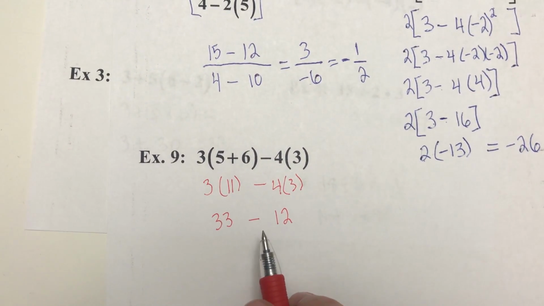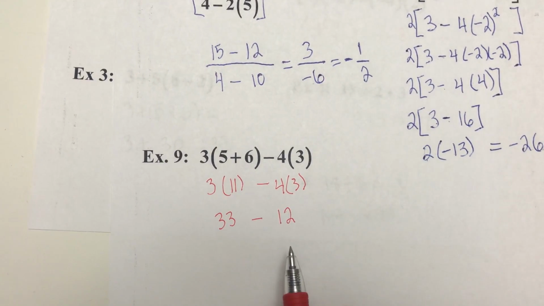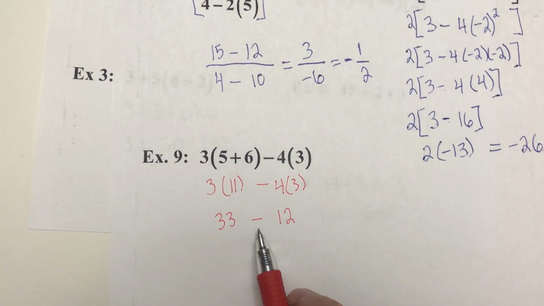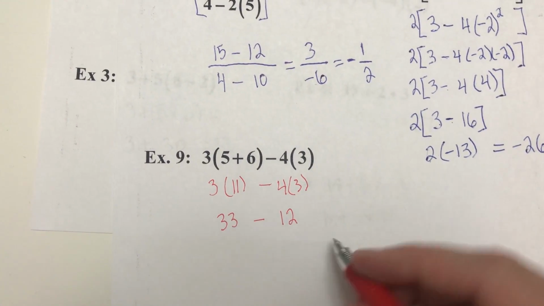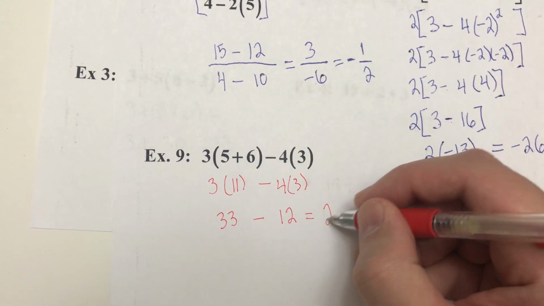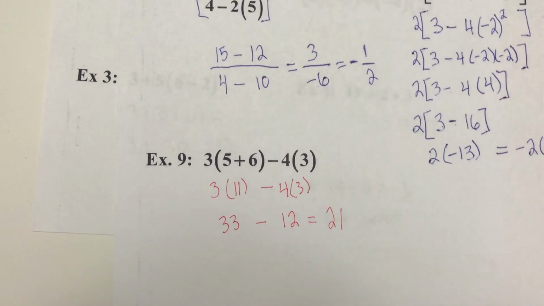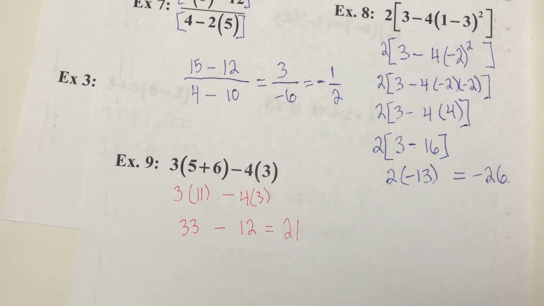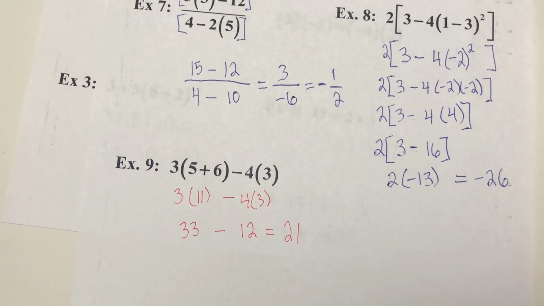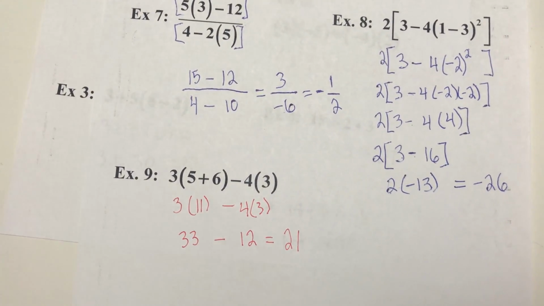The last one is addition and subtraction from left to right, but we only have the operation of subtraction. 33 subtract 12 is 21. This is the end of the section on order of operations.